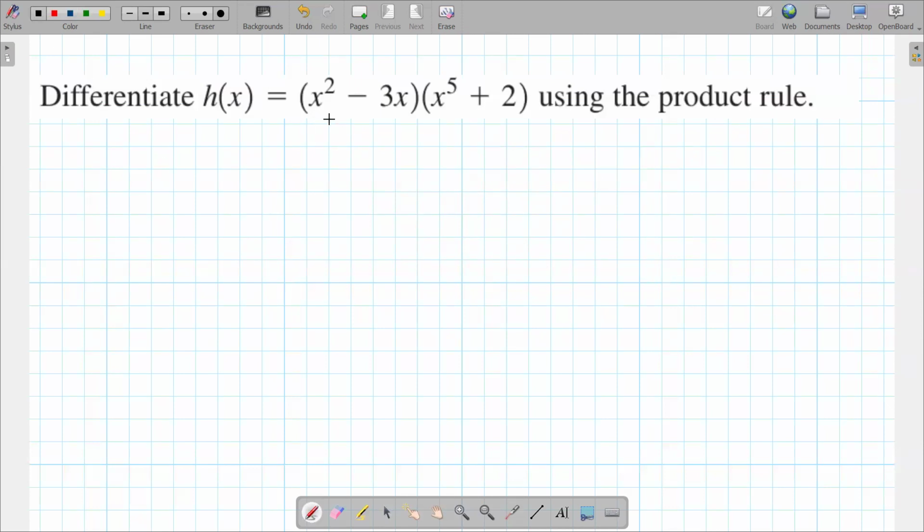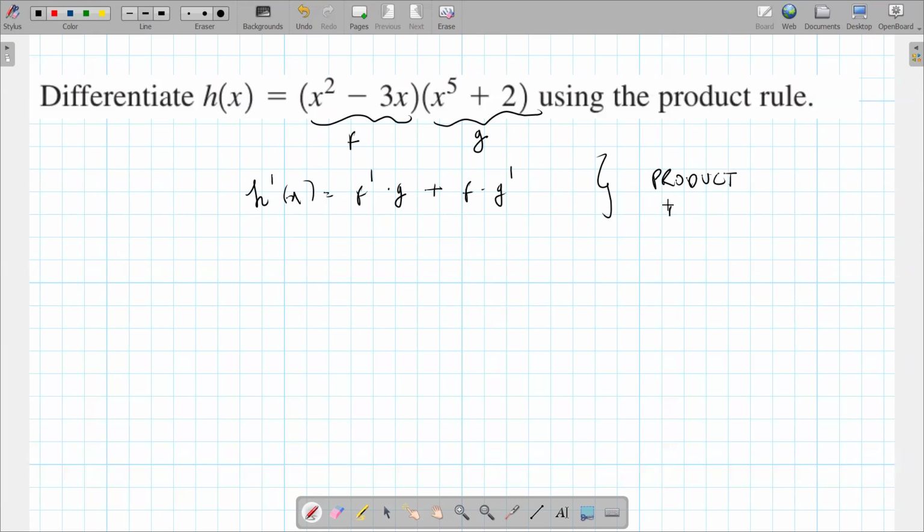So now what do we do? If there's two things being multiplied, we call this f, we call this g. And the derivative of h of x is this. It's f prime times g plus f times g prime. This is called the product rule, when you have two different functions being multiplied to one another. And this is easier.